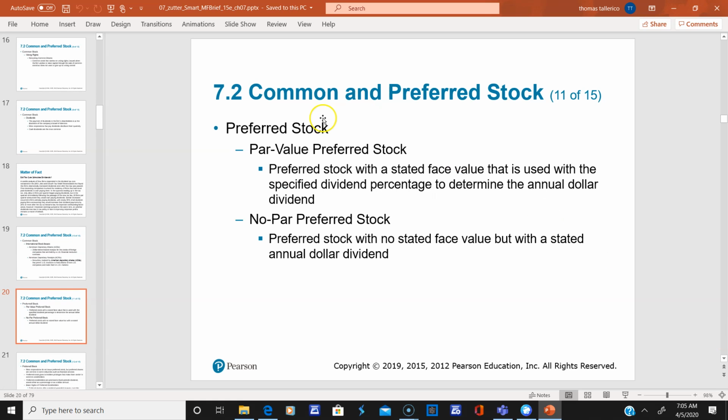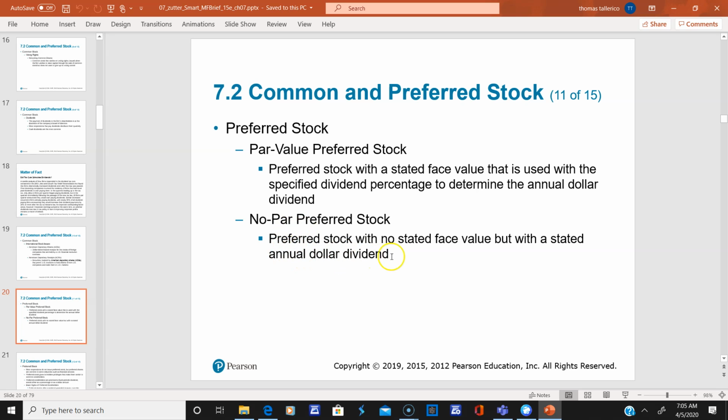Okay, and then we have a preferred stock. Preferred is just like it sounds. Preferred stock does have a par value at times, and sometimes there is no par preferred stock, and they'll just tell you the annual dollar dividend.